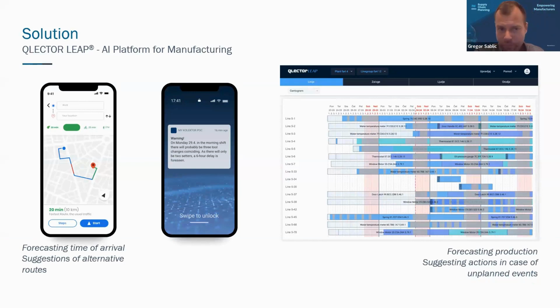So I would like to use Google Maps as an analogy. This is the simplest one, and also the most understandable one. We all use Google Maps. We enter the end destination here, and Google gives us a prediction of how we're going to get there, which path we're going to take, as well as how long we're going to need.